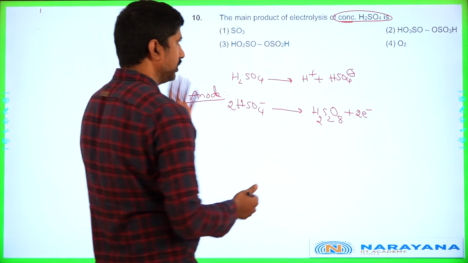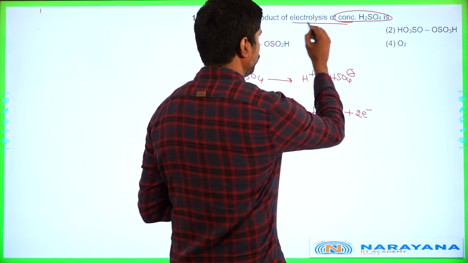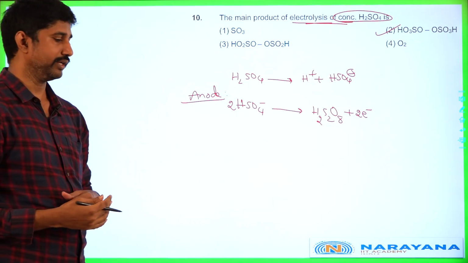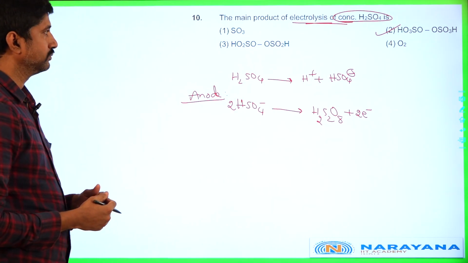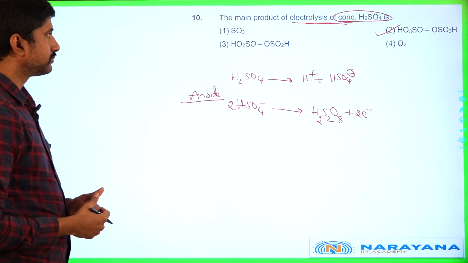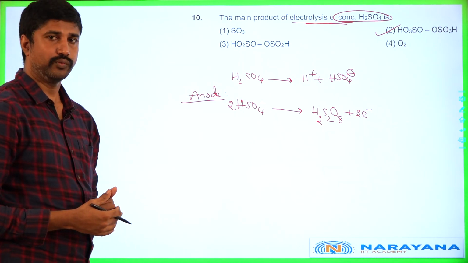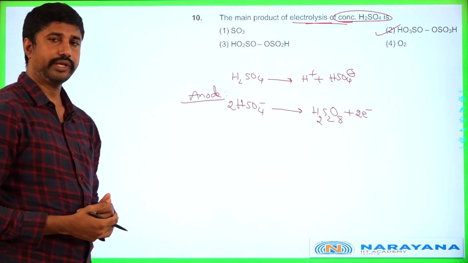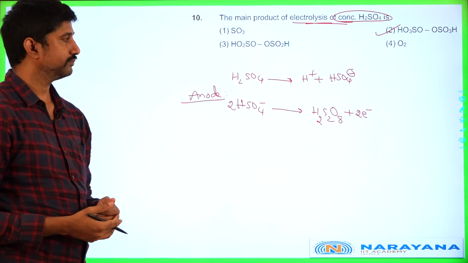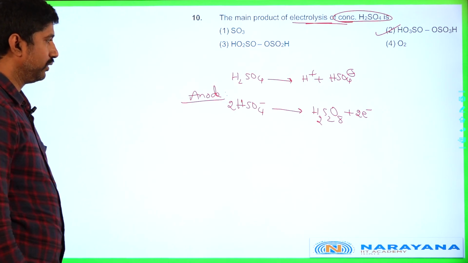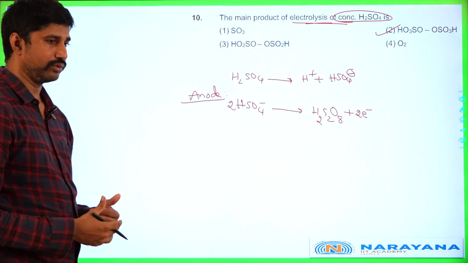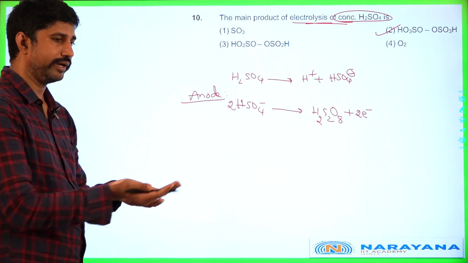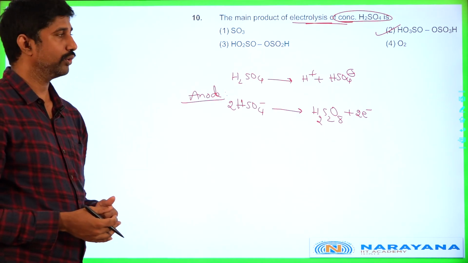So the main product of electrolysis of concentrated H2SO4 will be H2S2O8. That is the anodic reaction. Cathodic reaction, as usual, hydrogen will be liberated. Cations undergo reduction at the cathode and anions undergo oxidation at the anode. That is the simple idea of electrolysis. Okay.